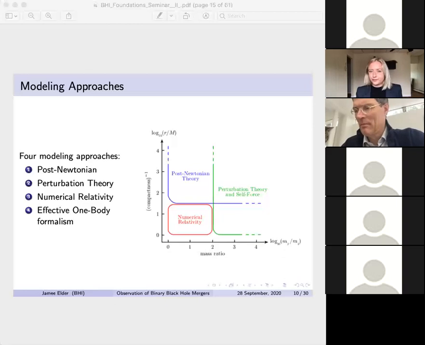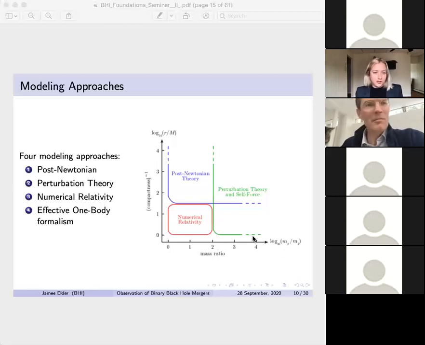And finally, we have the effective one-body formalism. So this is a formalism for producing quasi-analytic models of the binary mergers. And the idea behind this approach is to transform the conservative dynamics of two compact objects into the dynamics of some effective particle traveling in a deformed Kerr metric.